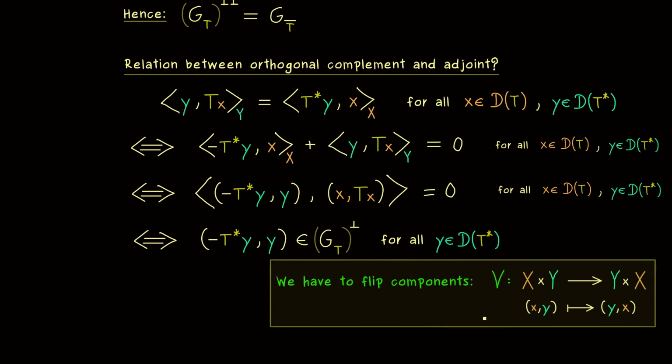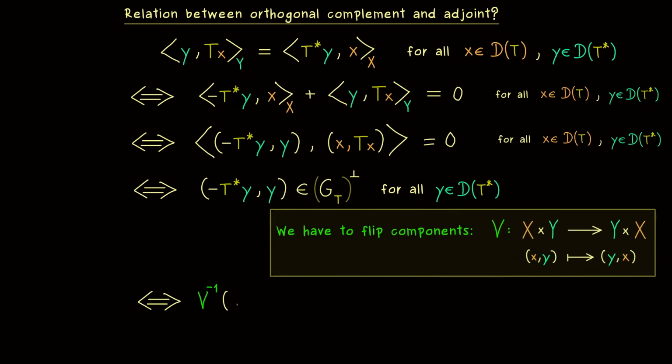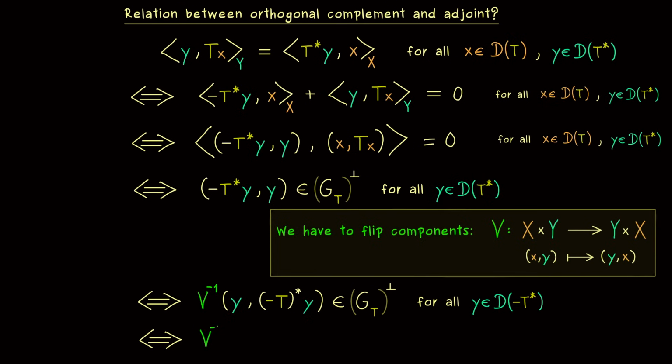And by using this inverse of V, we can reformulate this equivalence again. Namely, we have V inverse applied to (y, -T* y). So we actually talk about the operator -T* now. Or more precisely, what we have here is the graph of -T*. So actually what we get here is a relation between 2 graphs.